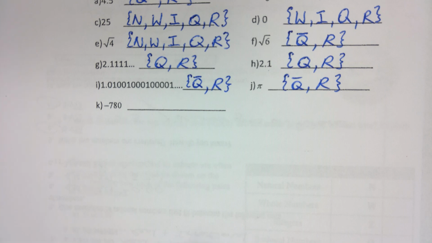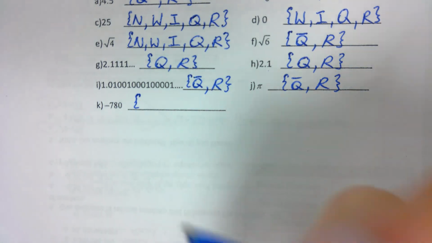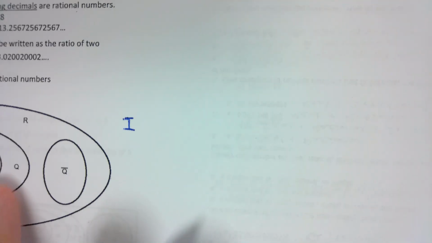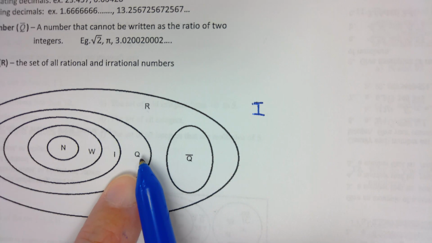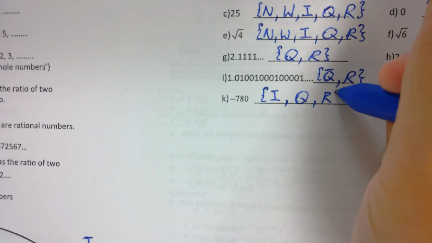Rational, integer, and real. Perfect. See, that's why we all have faith in you. Thank you for the encouragement, Alvin. So it's negative, so I know it's an integer. And looking at this, I can see an integer is within the rational and it's a real number. Okay, so I, Q, and R.